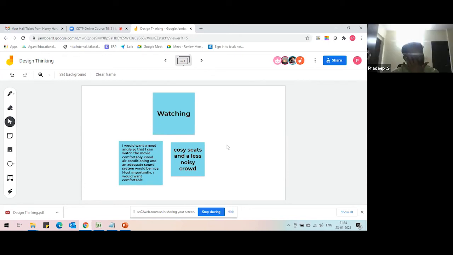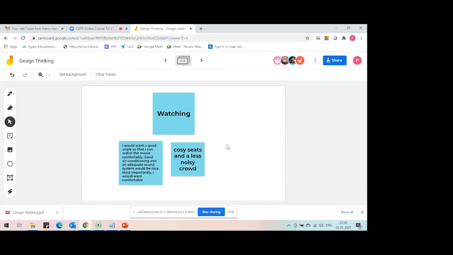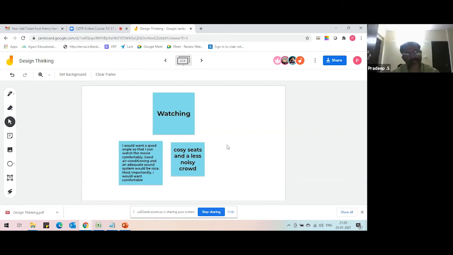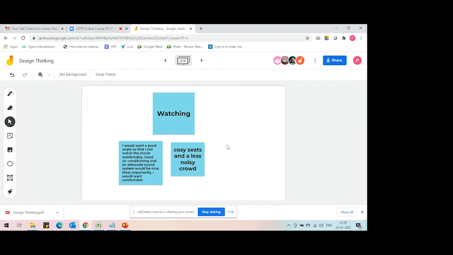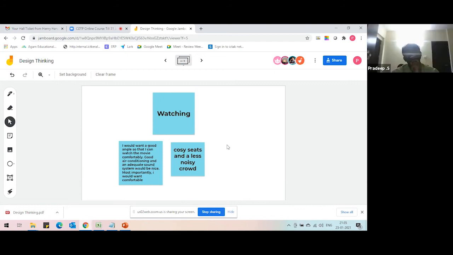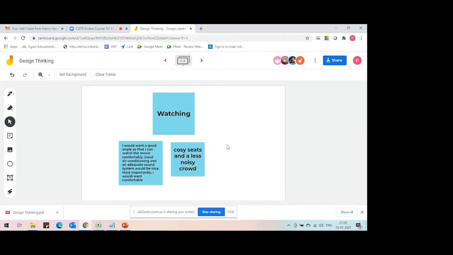How about the smell inside the hall? Audience. Definitely, but we can't control it, right? So let's not write it. Yeah. So seat, less noisy. Yeah, it's fine.